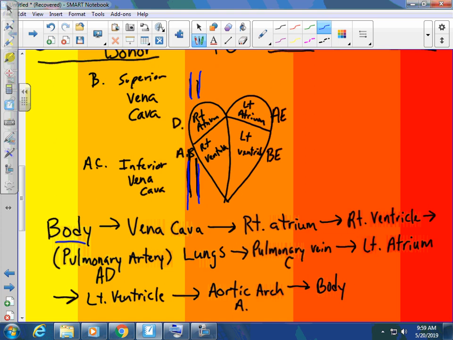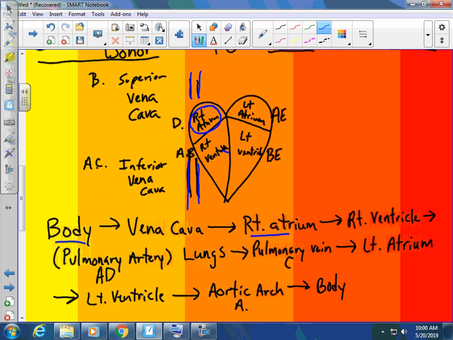That's letter B on your diagram. And then returning blood to the heart from the lower part of our body is going to be the inferior vena cava, which is AC on the diagram. All right, so this is going to bring the blood back to the heart to the right atrium.